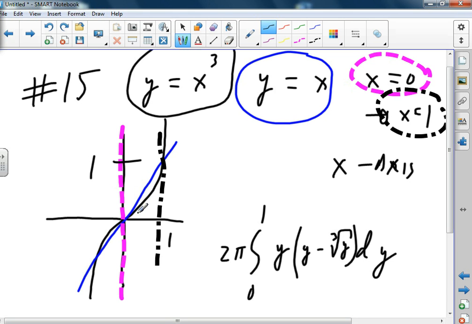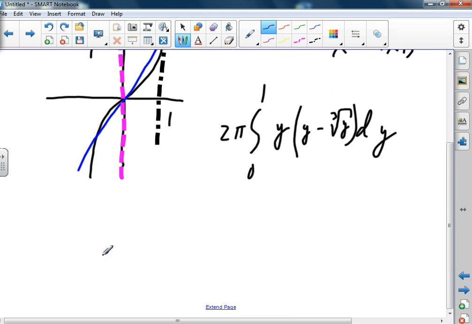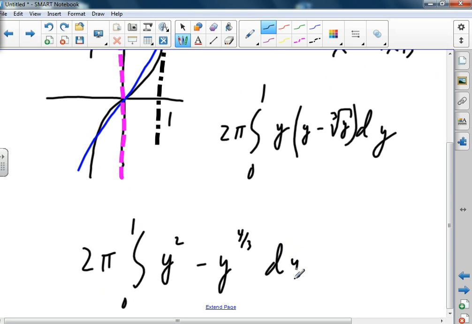My radius, as I rotate around, is going to be y, I agree. But the height is only this itty bitty bit. So I got 2 pi integral 0 to 1 y squared minus y to the 4/3 dy.